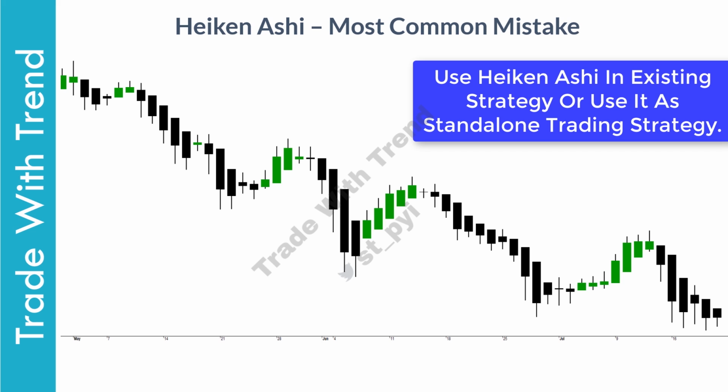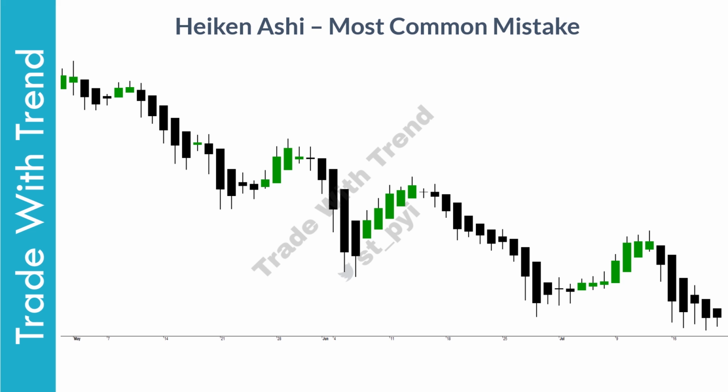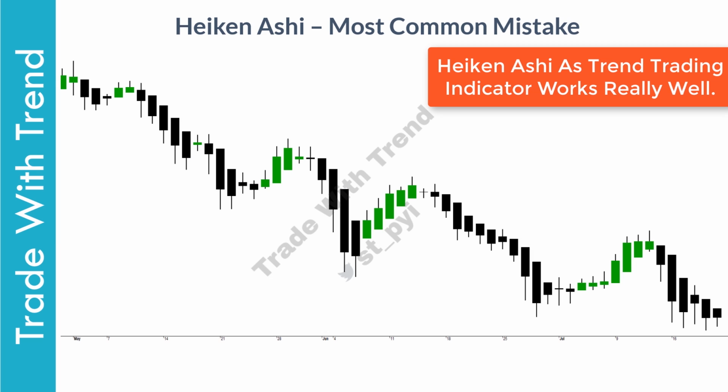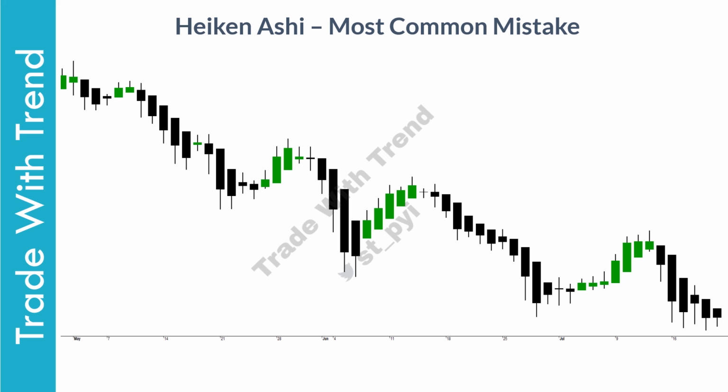Personally, in my own trading, I use Heikin Ashi as a trend trading indicator. Heikin Ashi is primarily used for trend trading as it filters out most of the random noise from price. It is important for you to understand which Heikin Ashi candles you need to focus upon and which ones you have to ignore. Let us now understand this in detail.